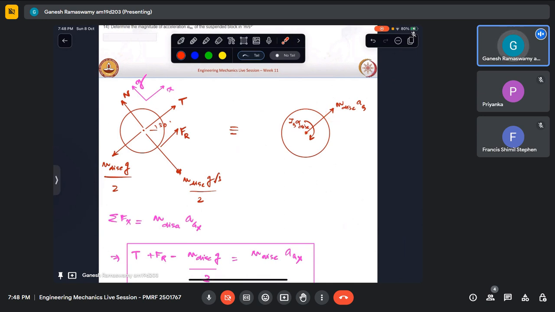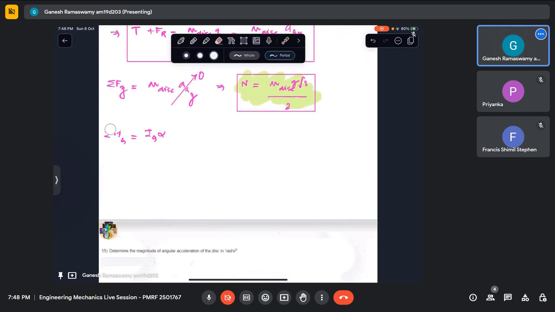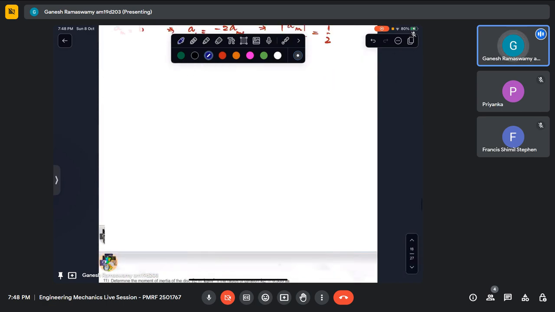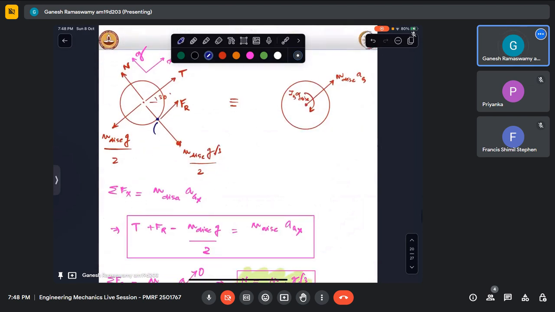If I take this about this point, Ig alpha plus mg into this distance, radius of the disk, will also come into the picture. So let me take the moment about the contact point then. What does this give us? Let me call this point something. What shall we call it? A, B, C is taken. R. Let me call this R. So moment about R.